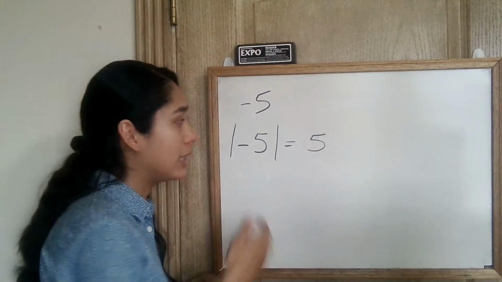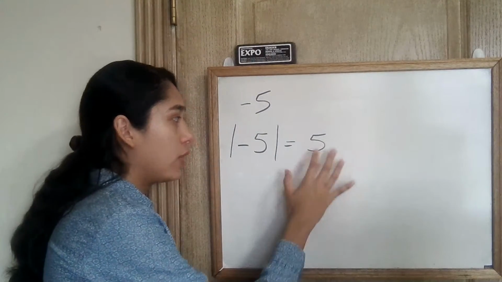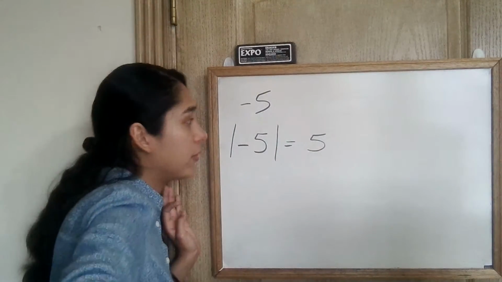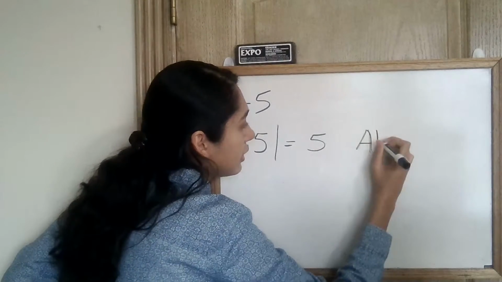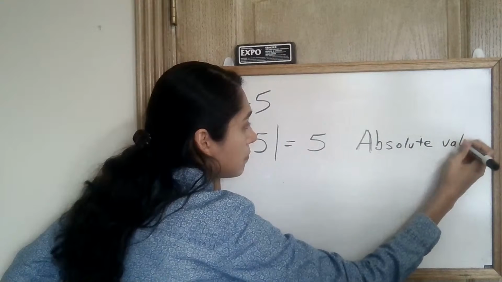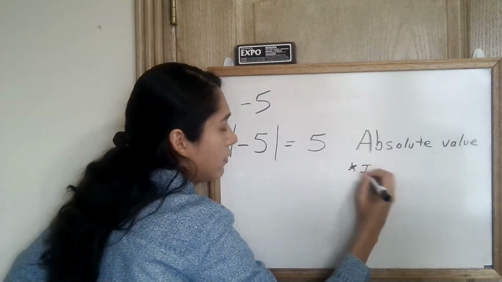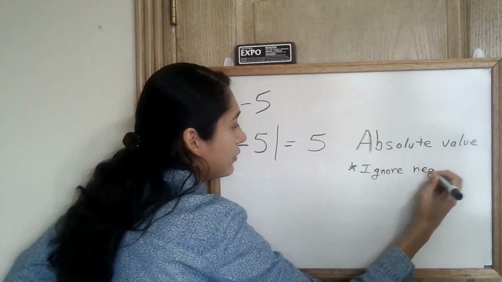So if we just see it as $500, or in this case 5, we just see it for the value that it is, the absolute value. We don't care about negative signs. It basically means ignore negative signs.